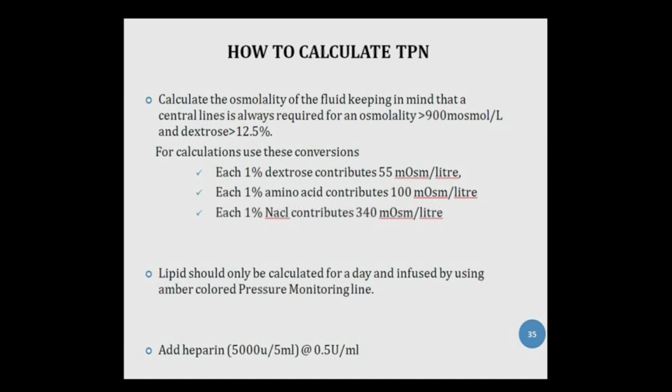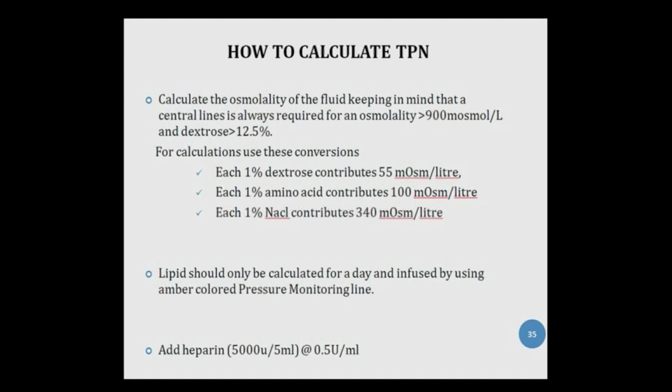For calculation, one can use these conversions. For each 1% dextrose, 55 milliosmoles per liter of osmolar load is contributed. 1% amino acid contributes about 100 milliosmoles per liter, while 1% NaCl will contribute 340 milliosmoles per liter.